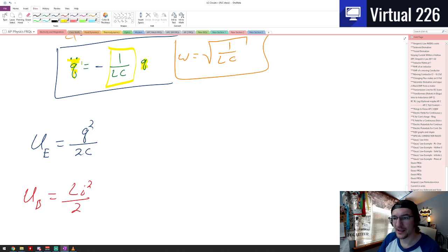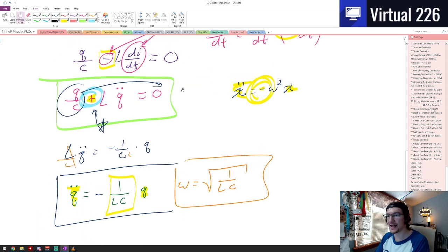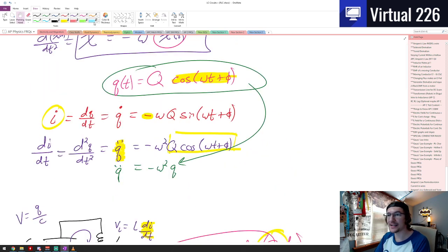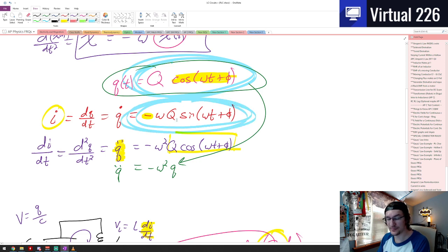Well, this Q isn't just a static amount of charge. It is actually a charge that is changing. It is Q of t, which means I can go back up and use this equation for Q of t. I can also, for I, use this equation.